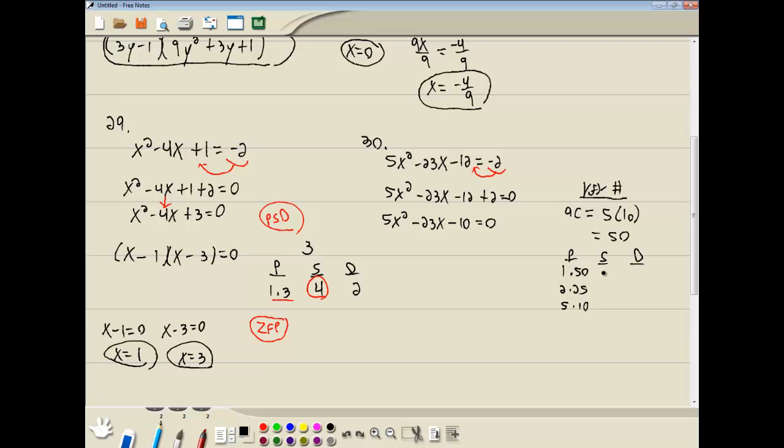Add them. 1 plus 50 is 51, 2 plus 25 is 27, 5 plus 10 is 15. Subtract them, smaller from larger. 50 minus 1 is 49, 25 minus 2 is 23, 10 minus 5 is 5. Number we're looking for is a number in our middle term, which is 23, which is right here. So we're going to use 2 and 25.